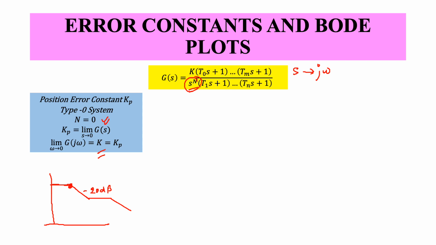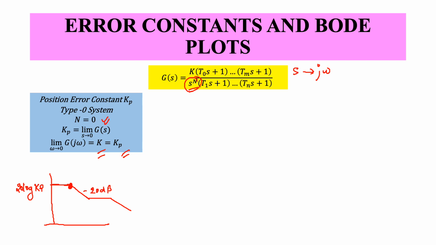I just see where this intersects the line, what is the constant, and this is actually 20 log Kp. Once I know 20 log Kp, I can find the value of Kp, correct?